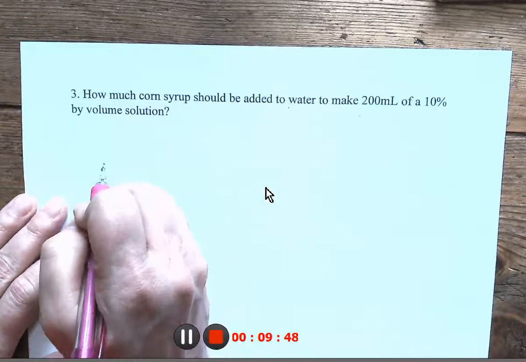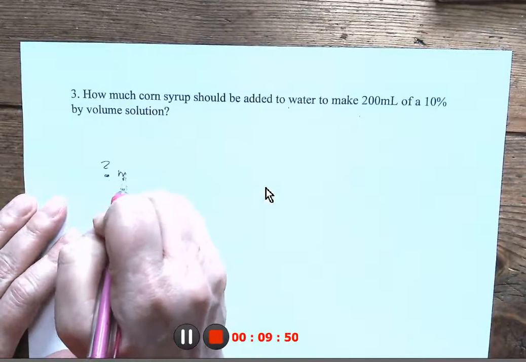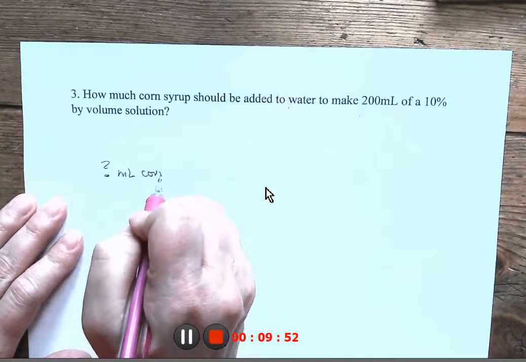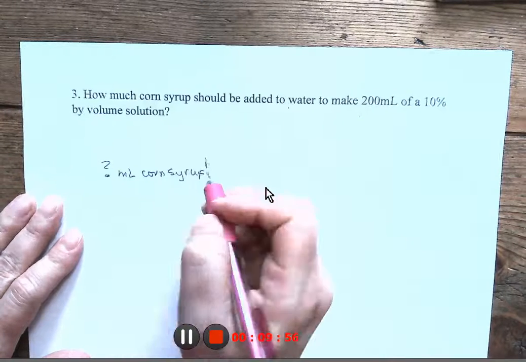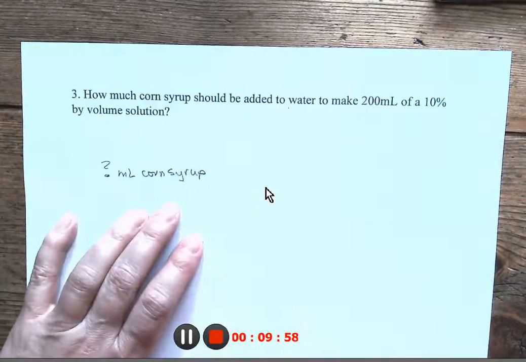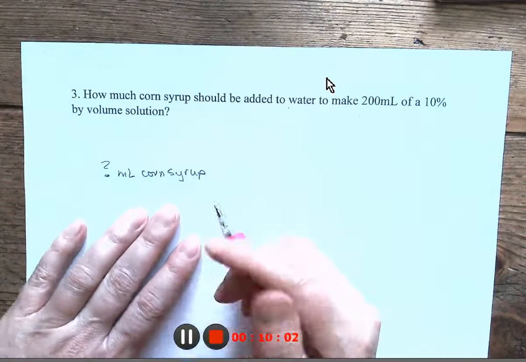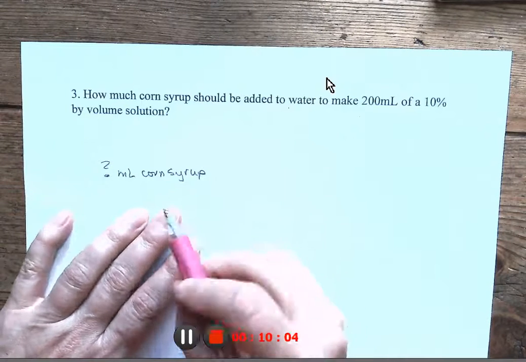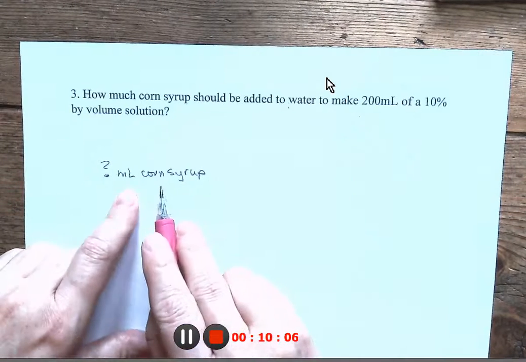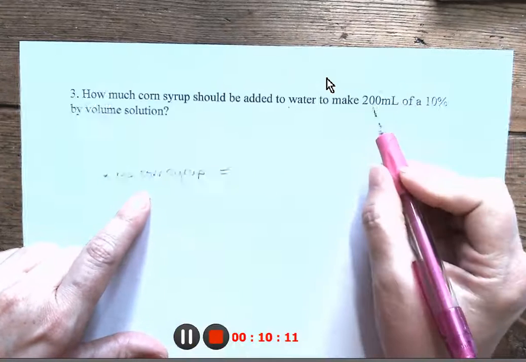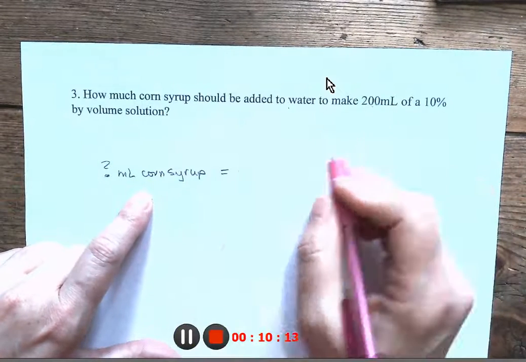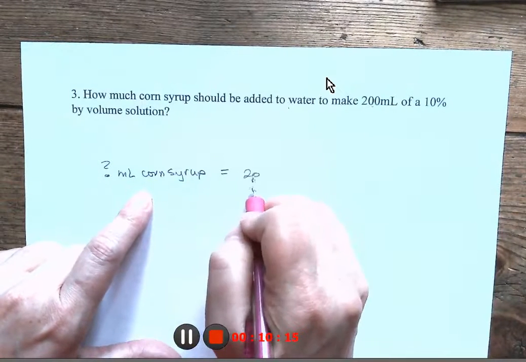We're trying to find the volume of corn syrup, the volume of the solute, given that we already know the volume of the solution.